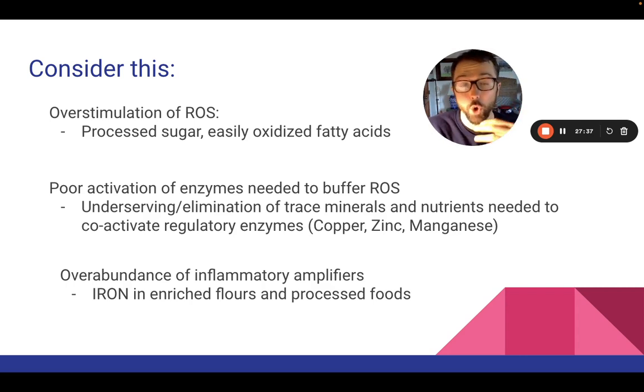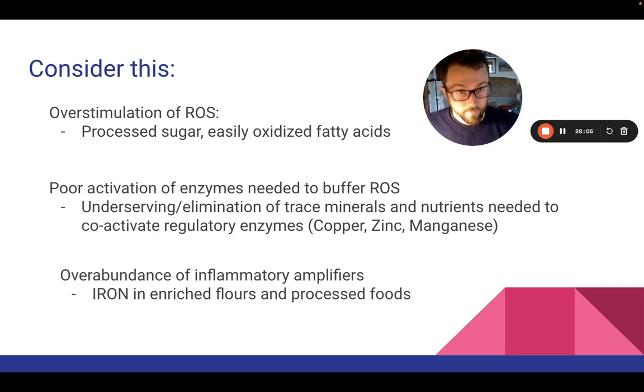This could be overconsumption calorically, just in general, of food, but the processed sugar and those easily oxidized fatty acids, components of the standard Western diet, are high energy, creating a lot of waste. So our metabolism has been under a lot of stress for a long time.